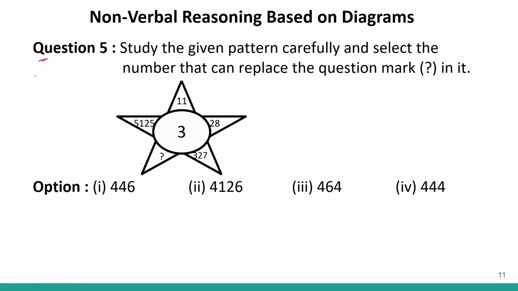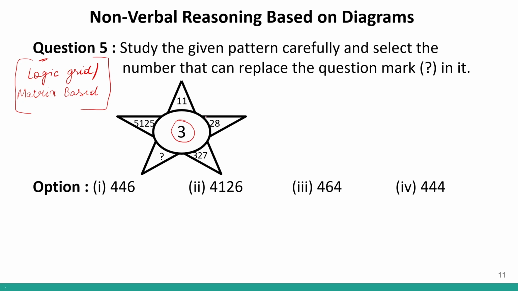Question number 5. This is also a logical grid or a matrix based question. Okay, but this is presented in a star form. So usually you get a 3 into 3 matrix or a 4 into 4 matrix or a 4 into 3 matrix, but this is in a star form, but it follows the same logic as logical grid or matrix based questions. Now over here I see this number in the middle, 3. So probably I can assume this holds some significance.